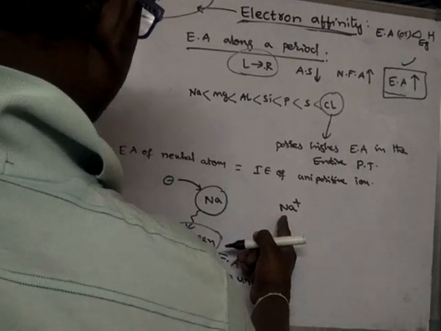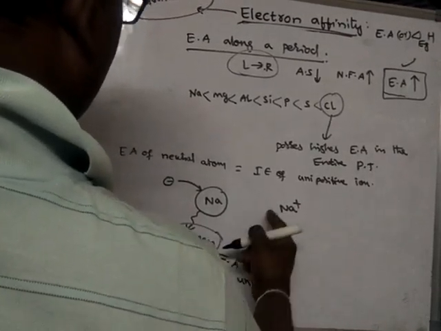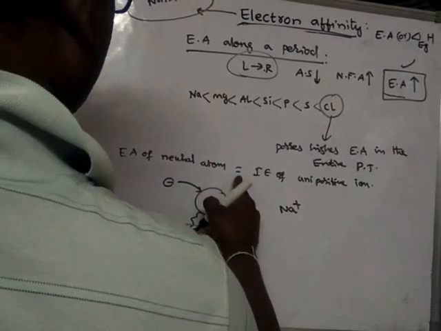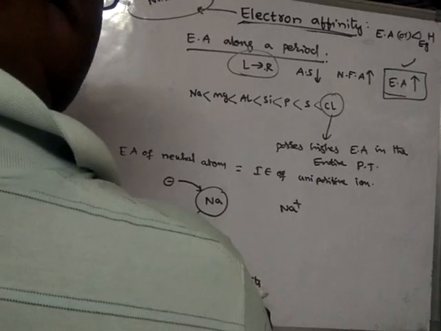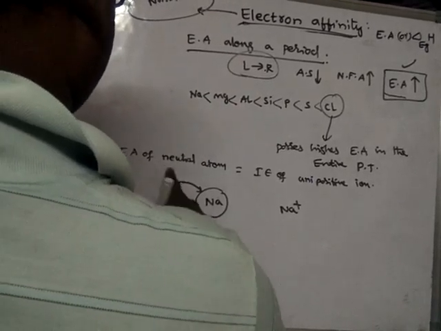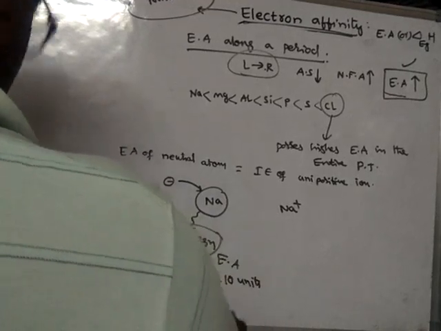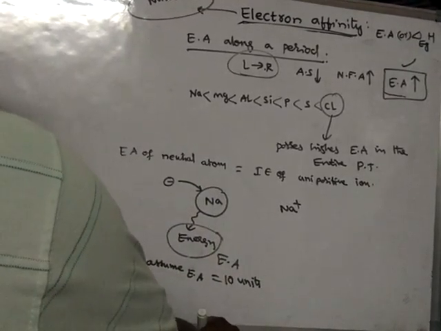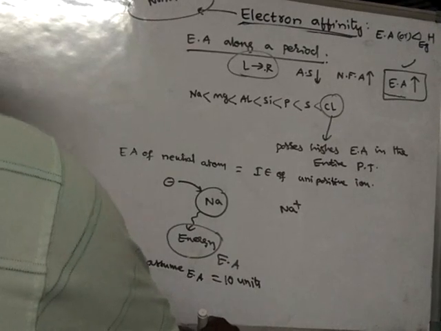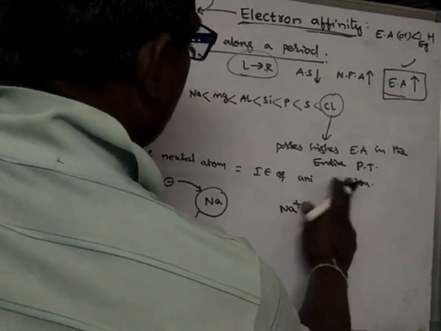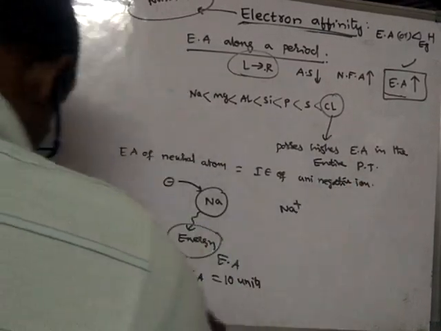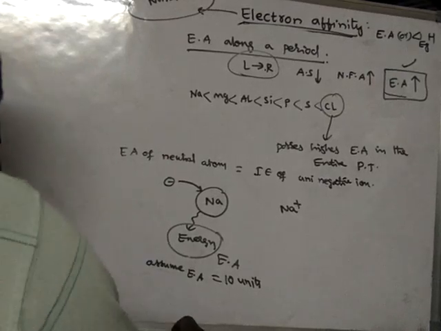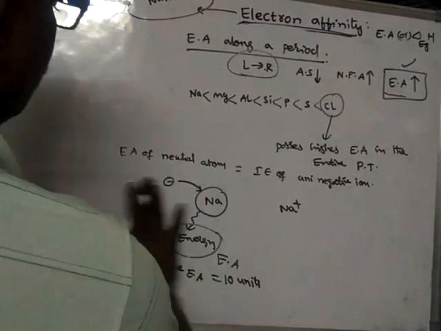So if you want to take out an electron... See, here I wrote unipositive ion, but actually I have to write uninegative ion. That's why a bit of confusion. So I will take another example.